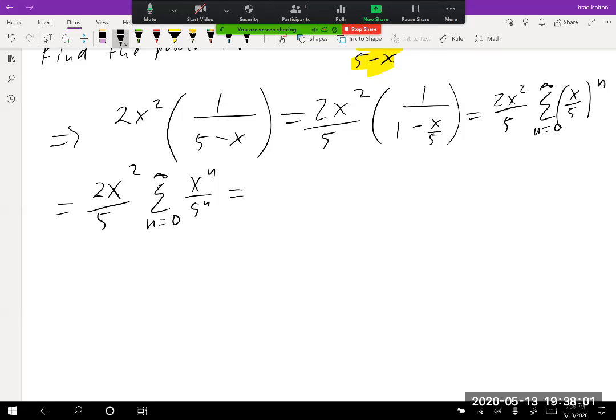So we're going to bring that x squared in, and that will become x to the n plus 2 over 5 to the n. Now all I did was I multiplied x squared into the summation. Remember, the summation is addition or subtraction, right?